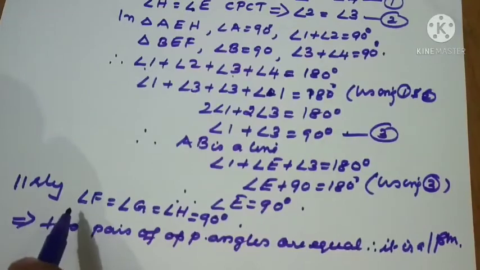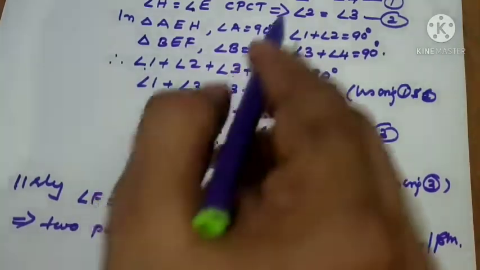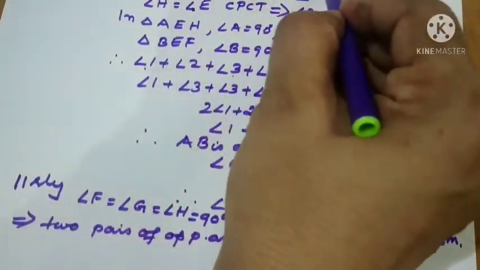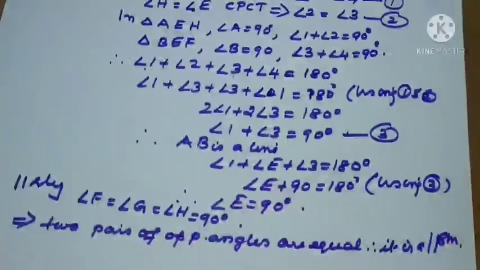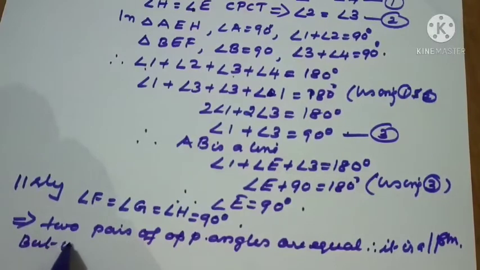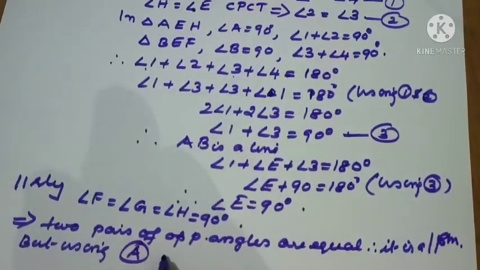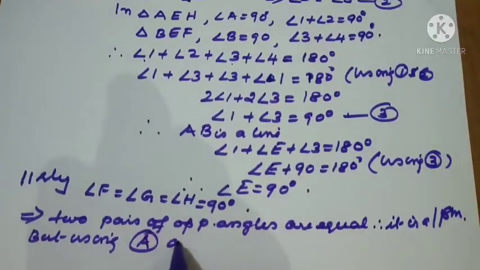So, we have not put any equations. Actually, we should put, I'll write here now A only. Okay. But using equation A, we can say that adjacent sides are equal.